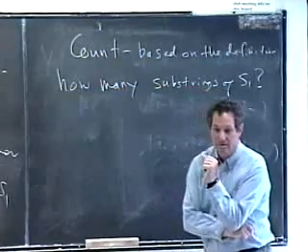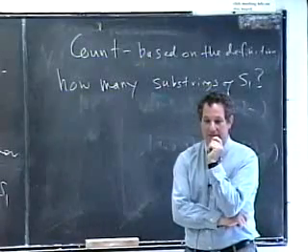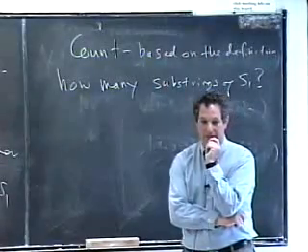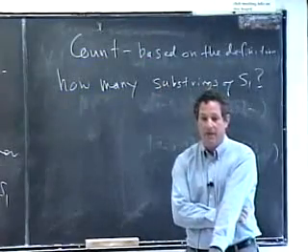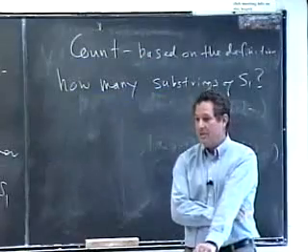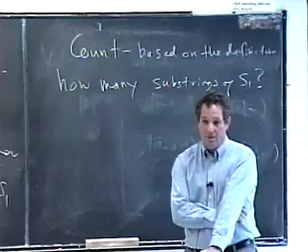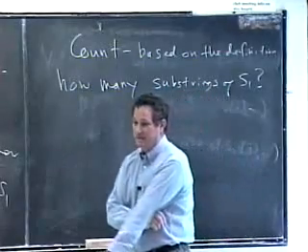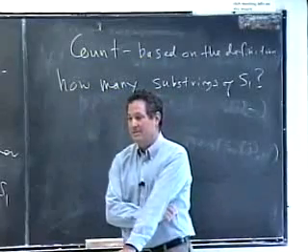It depends on how long the substring is. How many substrings of length n? One. How many substrings of length 2? 2. How many substrings of length 3? 3. How many substrings of length 4?